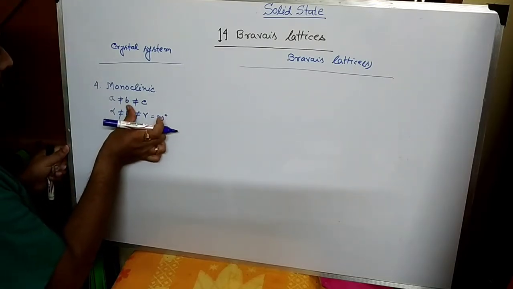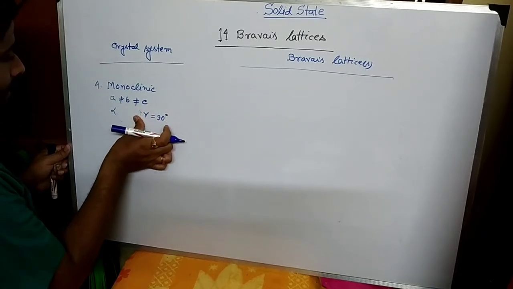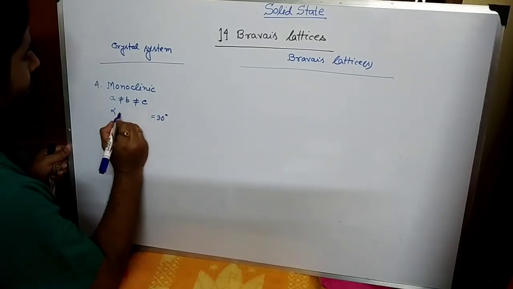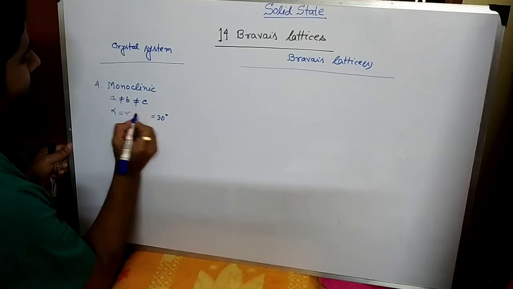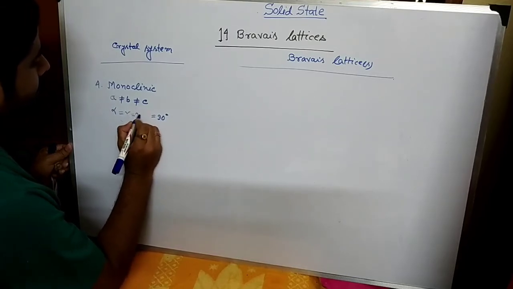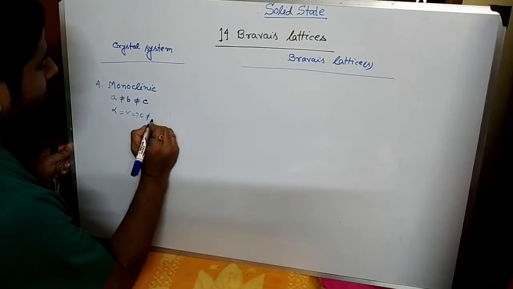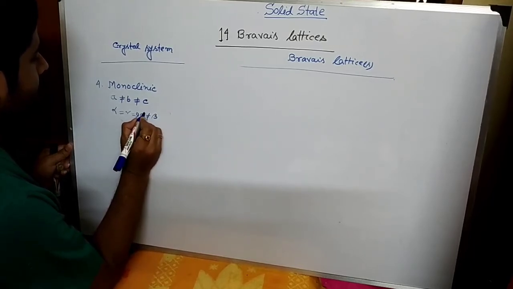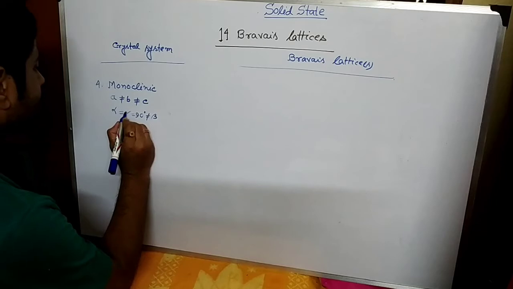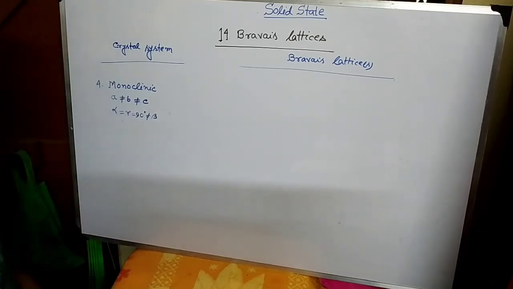Is it? No. That is alpha equals gamma equals 90 degree not equal to beta. This is the restriction for monoclinic.